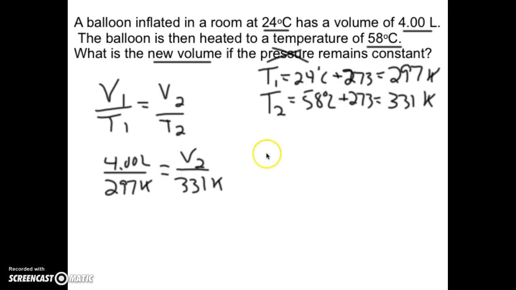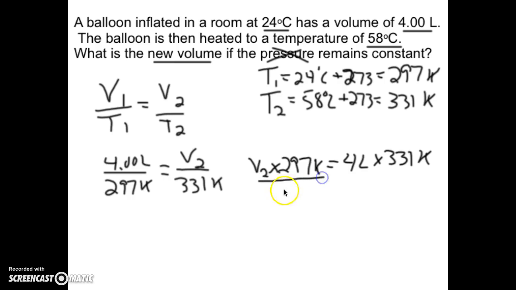So when we cross multiply, it's going to be V2 times 297 Kelvin equal to 4 liters times 331 Kelvin. Now we'll divide both sides by 297. So we want to isolate V2, get it all by itself.